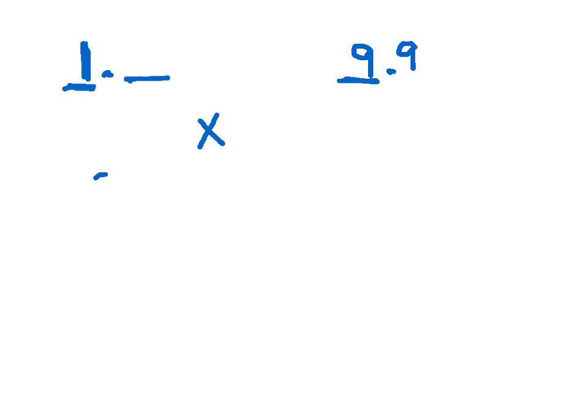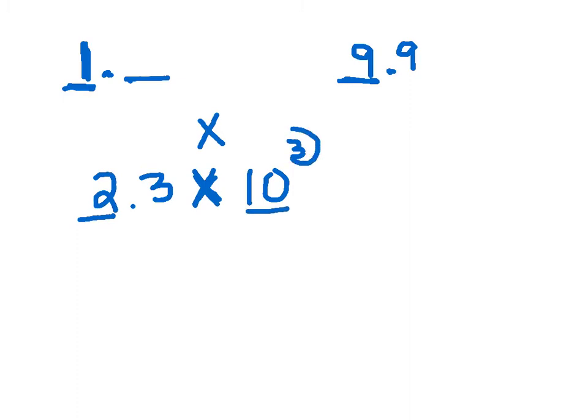So if I say 2.3 times 10 to the third power, it is in scientific notation because there's one digit to the left of the decimal point multiplying with an integer power of 10. 3 is an integer, and this is the power.